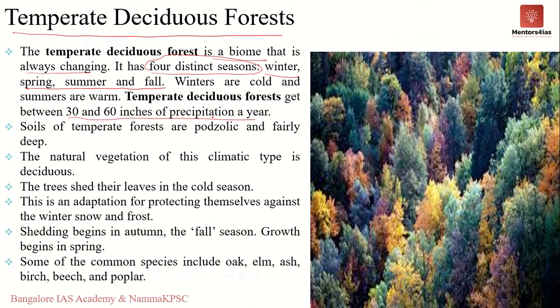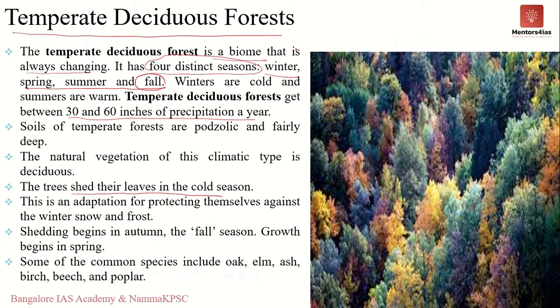These temperate forests are characterized by a moderate climate, and they have broad-leafed deciduous trees which shed their leaves in fall. So you have this season over here. Fall is nothing but autumn after summer.